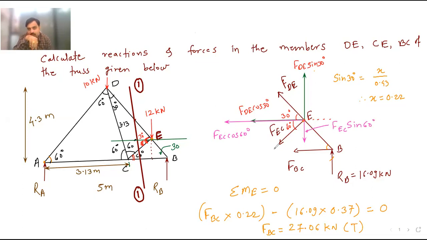Now if I apply summation Fy equal to 0 to the right hand side, what will I get? I will get this FD sin 30, which is moving upward, positive, plus this FEC sin 60 moving downward, so this is minus, and then this RB which is moving upward.